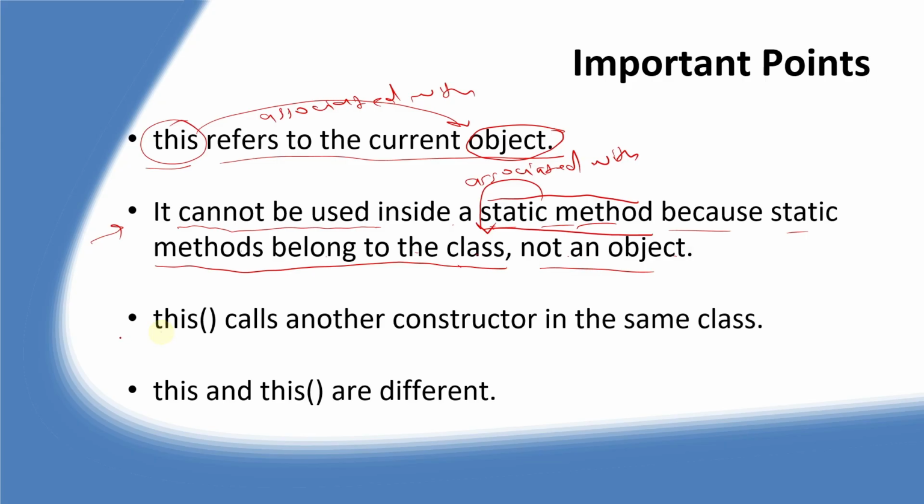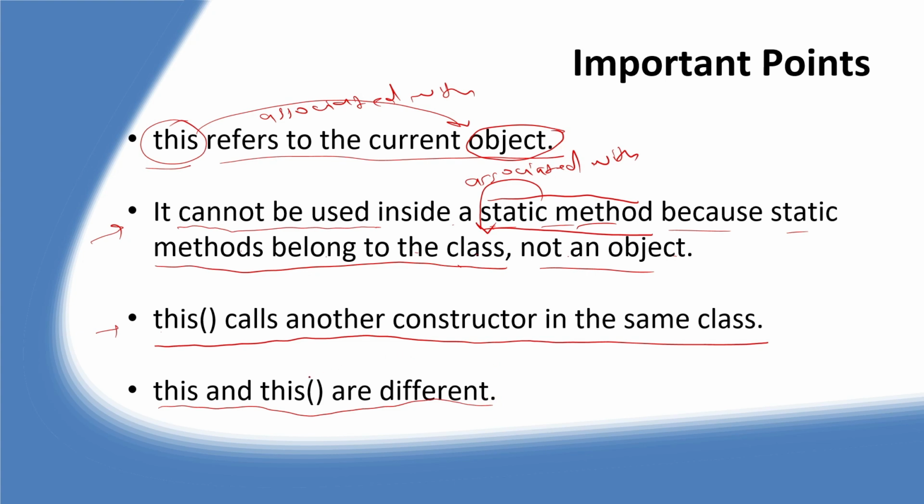Okay, so the next point is that this calls another constructor in the same class. We have seen an example of this. So we can call one constructor from another constructor using this keyword. And this are different.